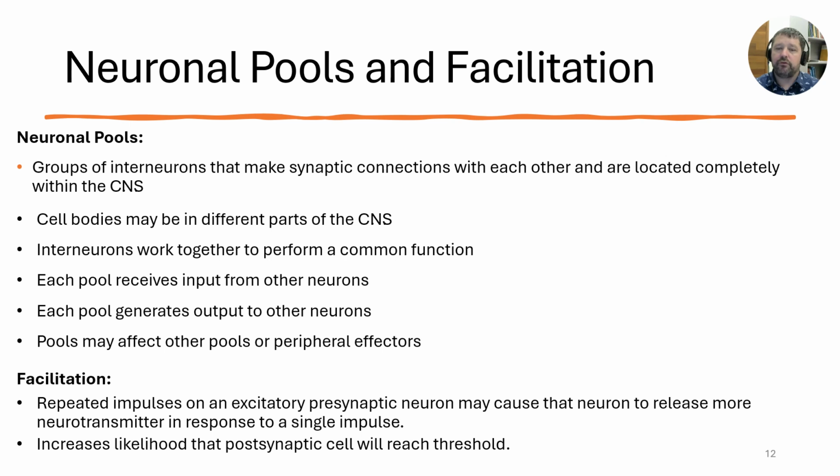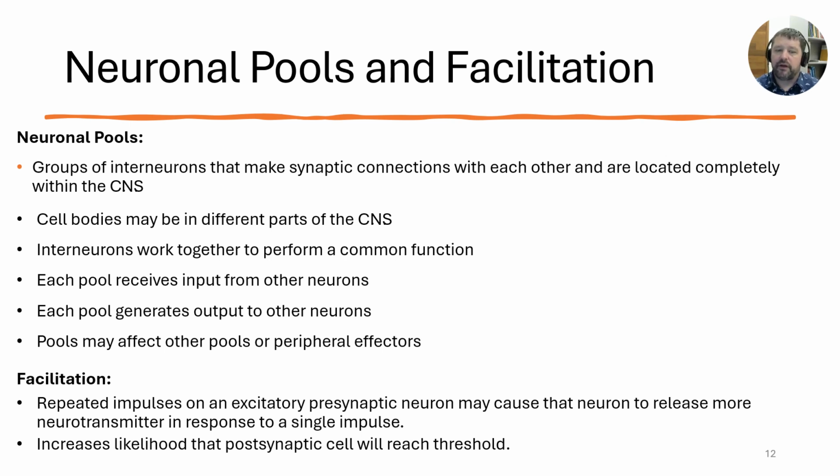So if it continuously occurs, if you have repeated impulses in the same region of the body, then the presynaptic nerve will tend to cause that neuron to release more neurotransmitters to speed up the process, to make the neural impulse faster.